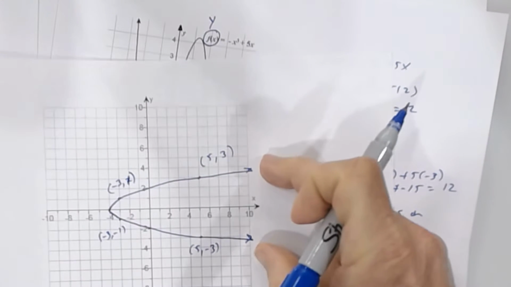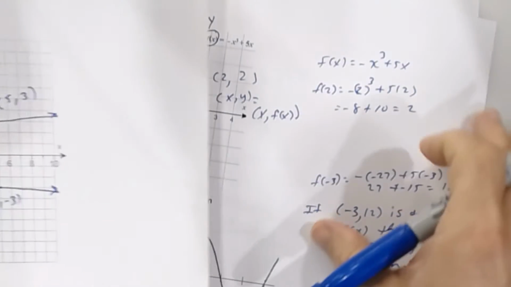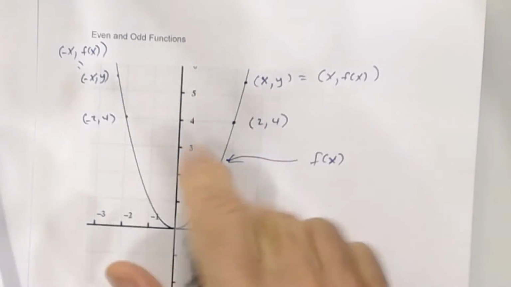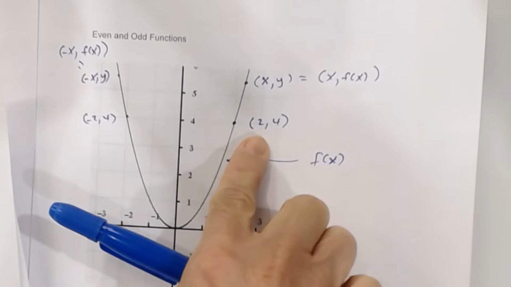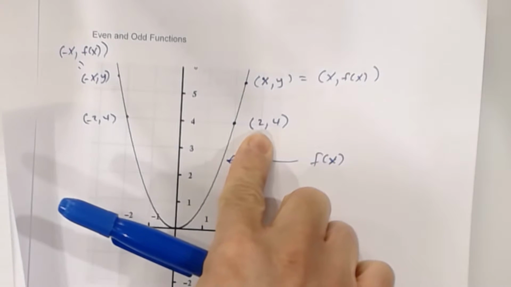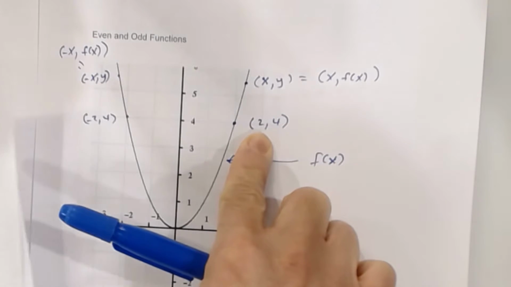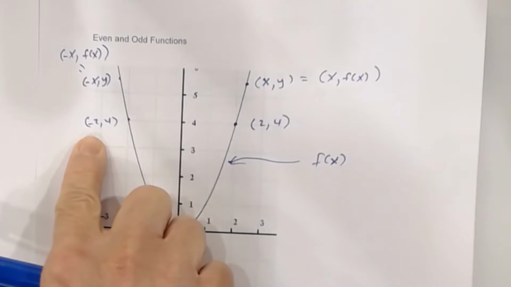So compare this graph, which is symmetrical about the x-axis, with this graph that's symmetrical about the y-axis, and notice what changed. So here, if the point 2, 4 is on the graph that's symmetrical about the y-axis, then what other point needs to be there? Negative 2, 4.